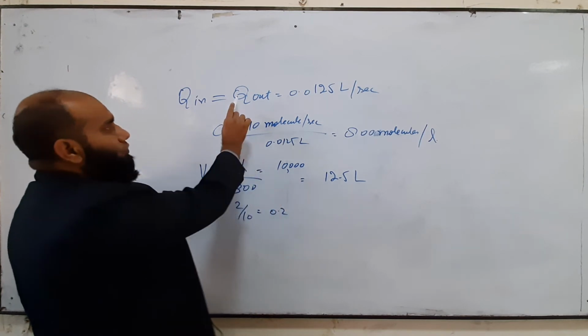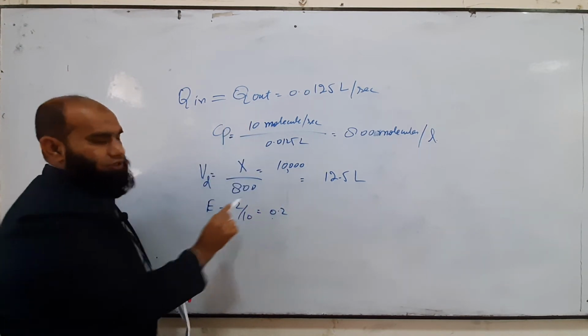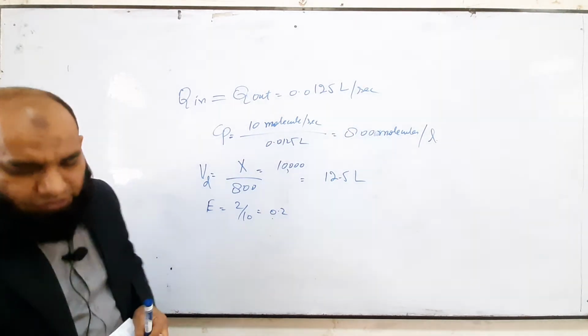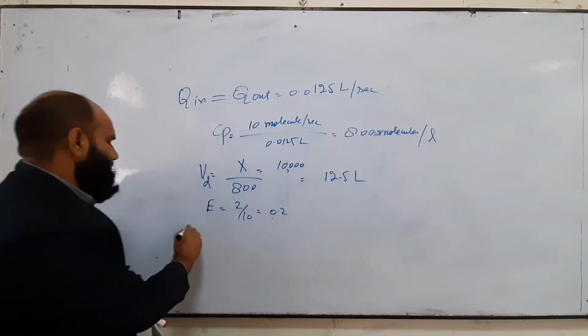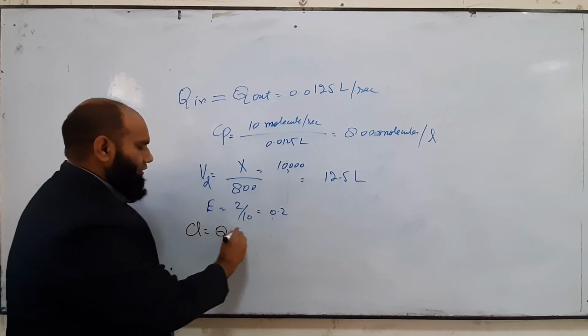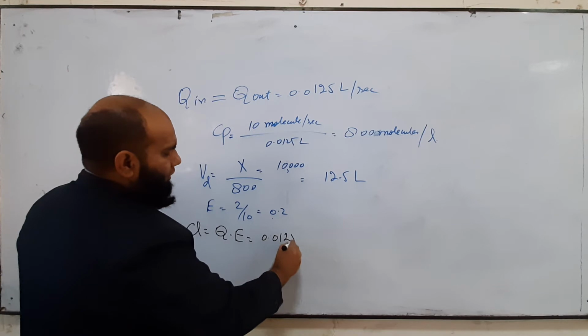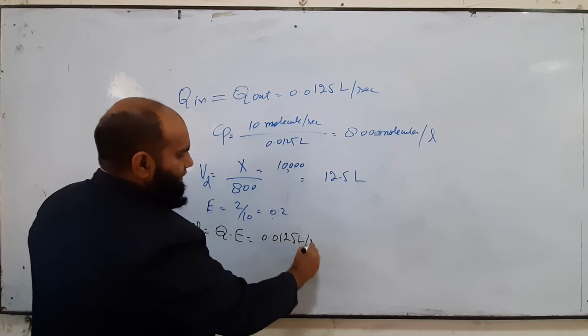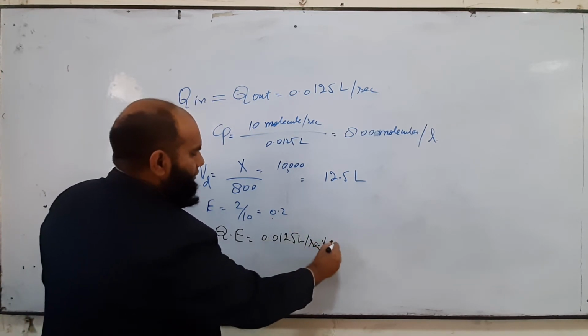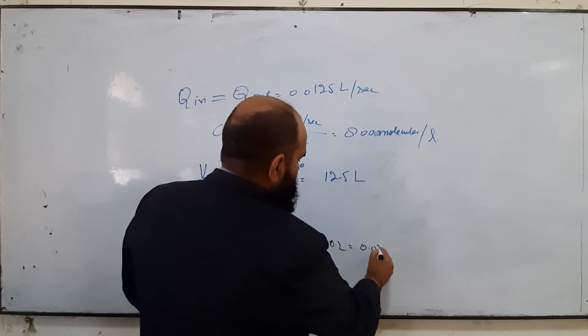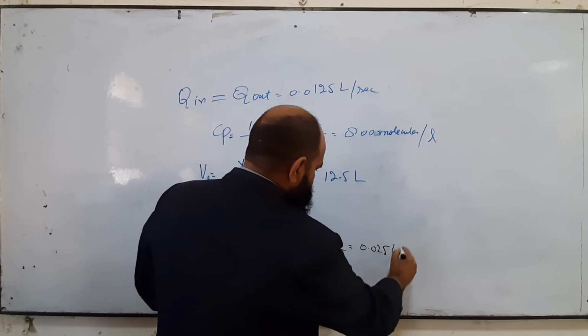So we have now Q and also E. We can calculate the organ clearance here. Organ clearance is now Q into E, where Q is our flow rate, 0.025 liter per second, multiplied by 0.2. So clearance is 0.025 liter per second.